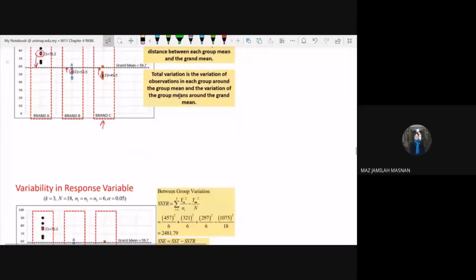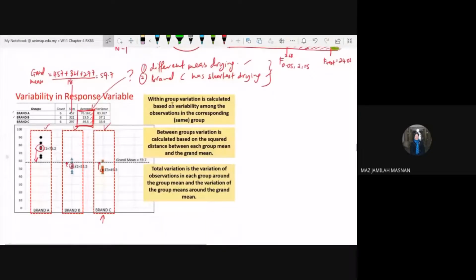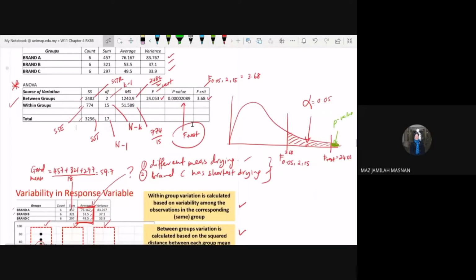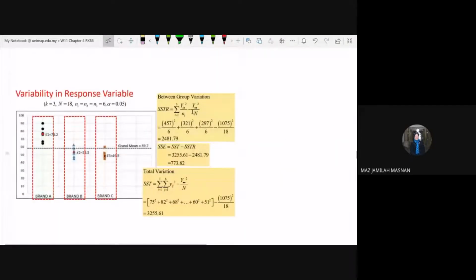Now, in terms of calculation, that was the theoretical part. But how are these things actually calculated, rather than just looking at the ANOVA table where everything is calculated for you? Just to give you an idea: the between group variation, remember class, uses the mean of each group minus the grand mean.